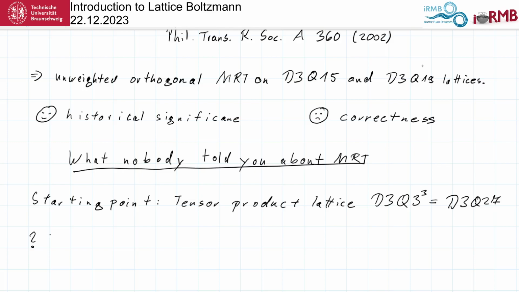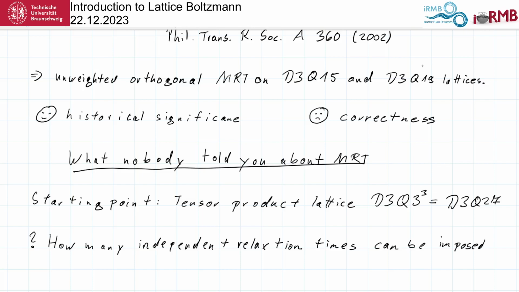And the question we are asking now is how many different rates can we actually use for any lattice. So, the question is how many independent from each other relaxation rates or times, and this is the inverse, can be imposed under the assumption of isotropy.